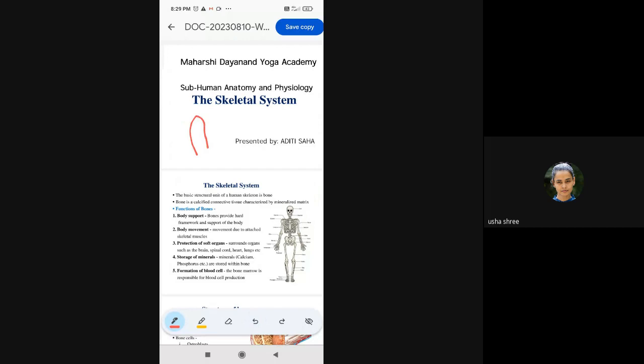This is a type of bone and its head is covered by a ring-shaped bone. In between that ring, a hollow structure is present, and this long bone is inserting into that hollow structure, and they are articulating and forming a joint.